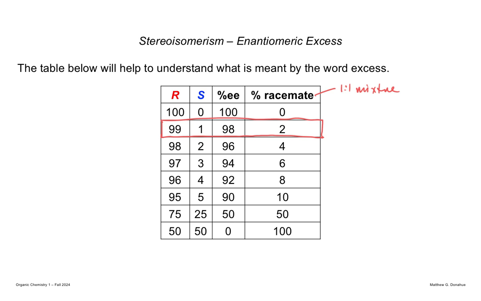So again, you can just follow the numbers going down there, 74, 73, 72 to get down to the 50-50. Any questions on this table before we move on?